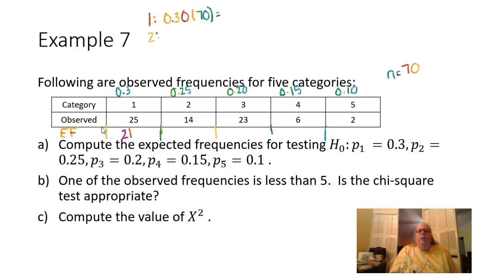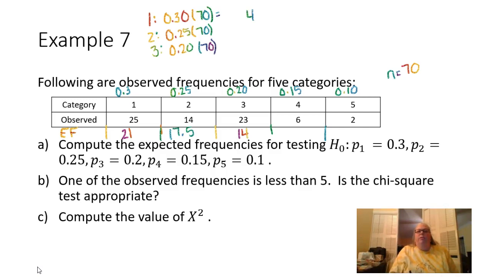For category 2, I'm going to multiply its probability 0.25 times n, which is 70. This is going to give me 17.5. For category 3, we're going to multiply its probability 0.2 times 70, and that's going to give me 14.